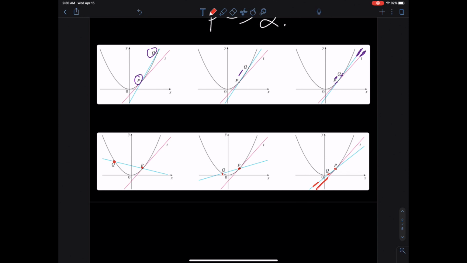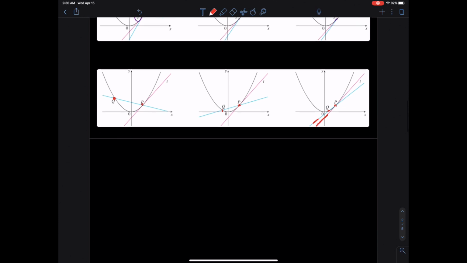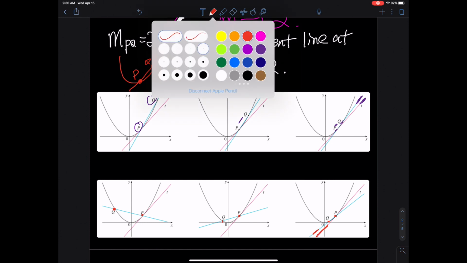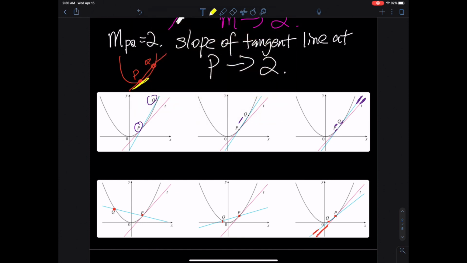So again, the concept is we start with two intersections, point P and point Q. We make P and Q closer and closer. Eventually, the secant line will become just a tangent line.